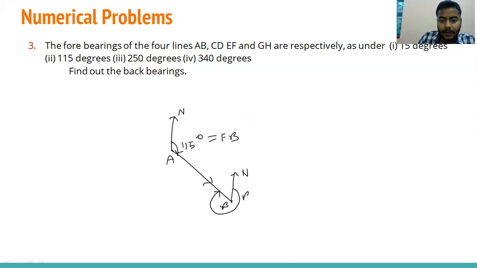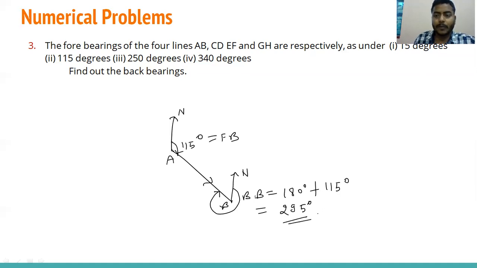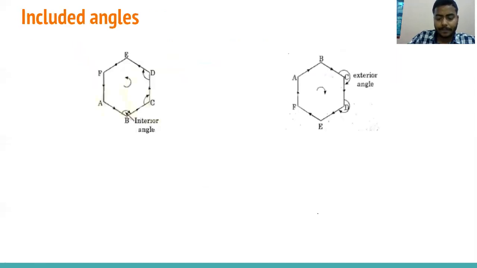This angle will be the back bearing, because it is B to A. Now take the direction opposite to the progress of the survey. From the geometry relation, we can say 180 degrees plus 115 degrees will be the back bearing. So no need to remember the formula. By drawing the graph also you can get the idea.